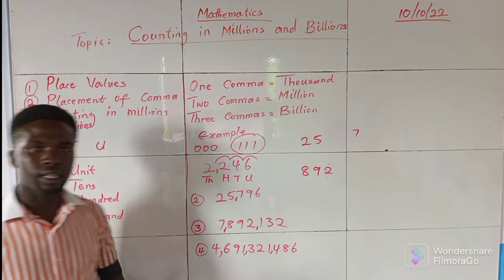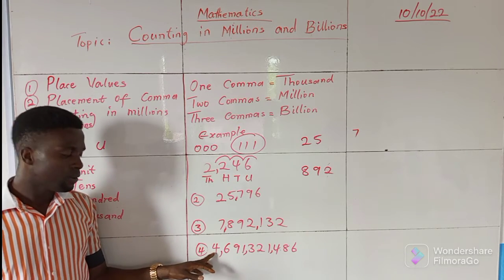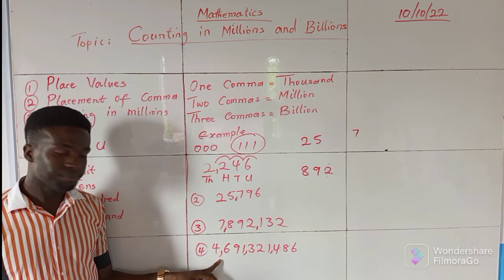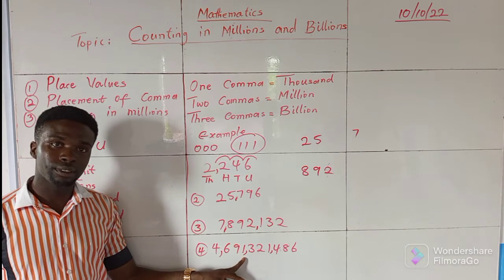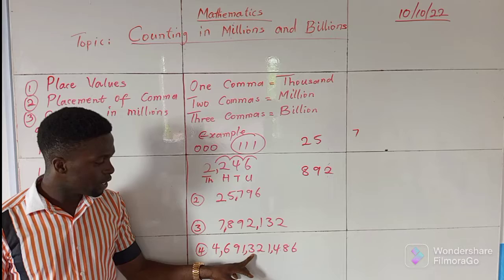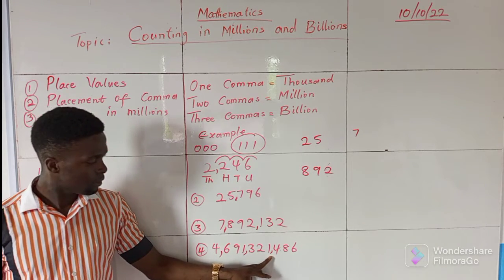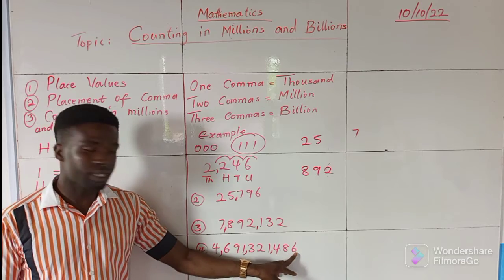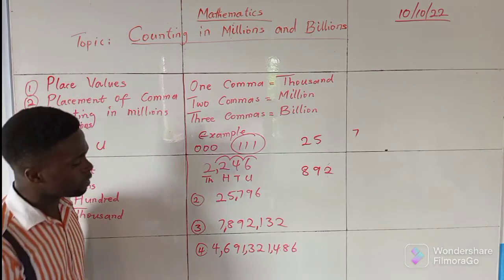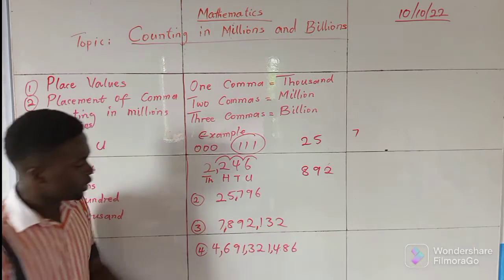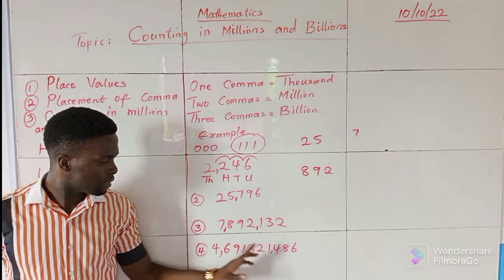You can get it easily, isn't it? Now call it again. 4 billion 691 million 321,486. Yes, you can easily separate it because you have 3 commas. Your first comma from your left to the right is 1,000.